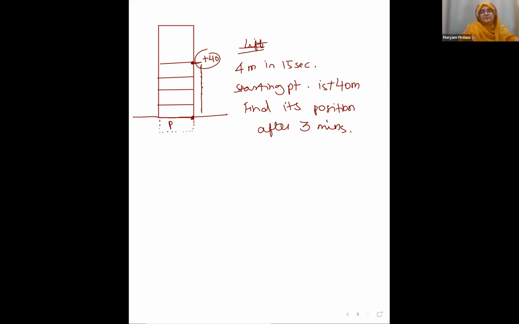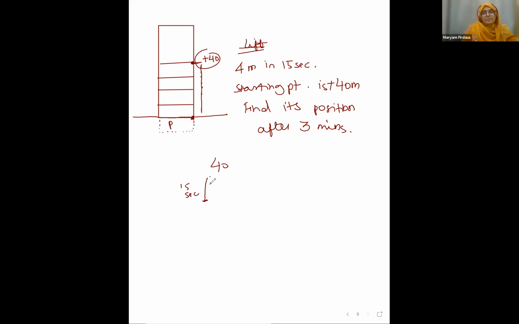Hiba, any idea? Yeah. Okay. So we have to descend, so we will descend 4 units. After 15 seconds, it is going to be 4 meters down from 40.